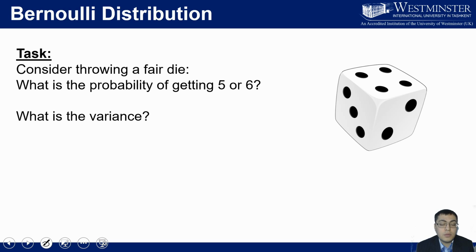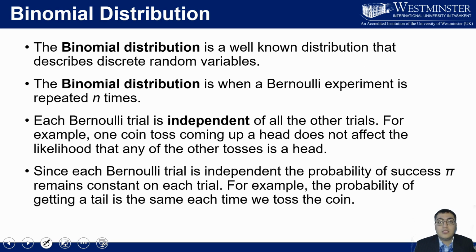So what's going to be the probability of a success in this instance? And then I also want you to calculate the variance. That is, once you have calculated the probability of a success, you multiply it by the complement of that probability to find the variance. Make sure you stop the video and try to do this. But anyway, let's move on.